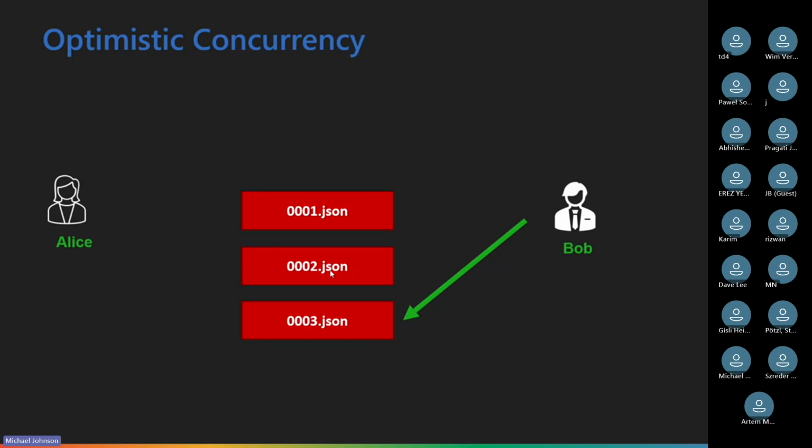So he needs to actually understand what changes Alice made to know if his transaction can just be replayed or if he's got to recalculate it. And that's where we talk about that idea of optimistic concurrency. You're actually kind of doing a whole bunch of the work and then hoping it'll stick, as opposed to locking everybody out and then knowing that you can do your work, but you're blocking them.